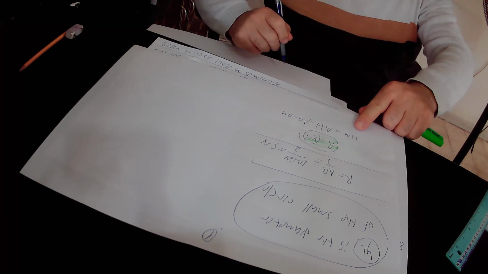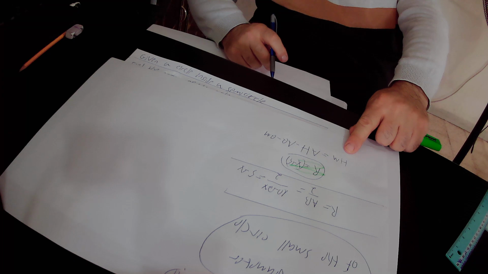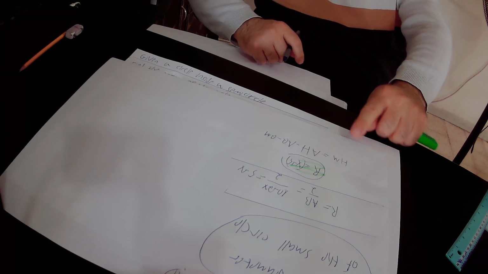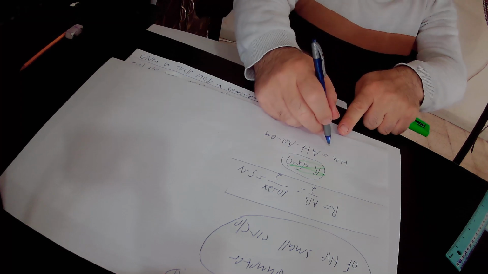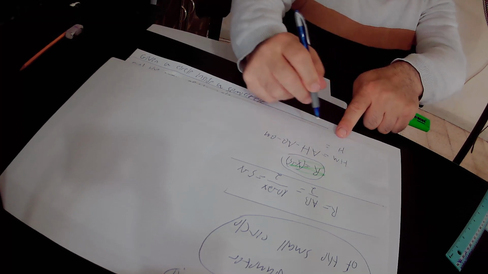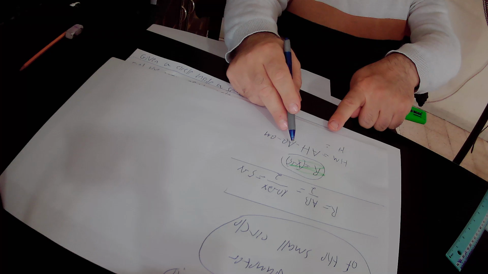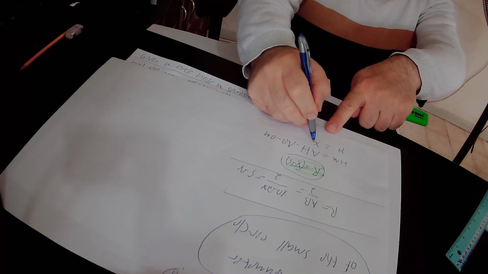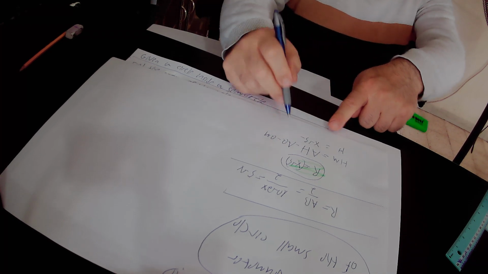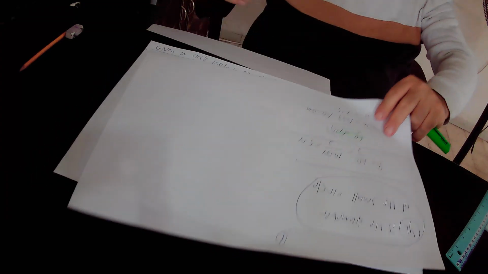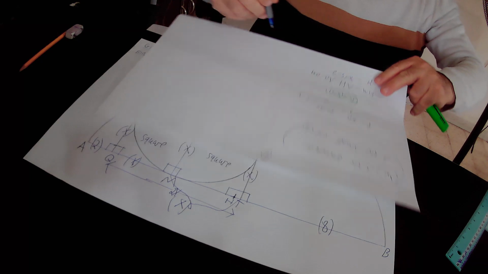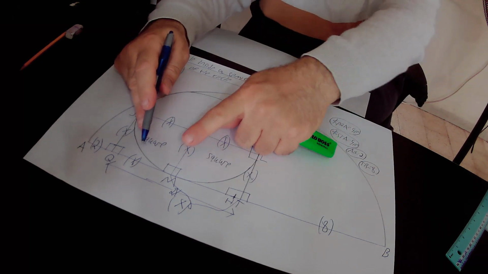From the drawing it's very easy to see that the missing side EM equals AE, that is the radius of the semicircle, x plus 5, minus AQ, which equals 2, minus QM, which equals x.